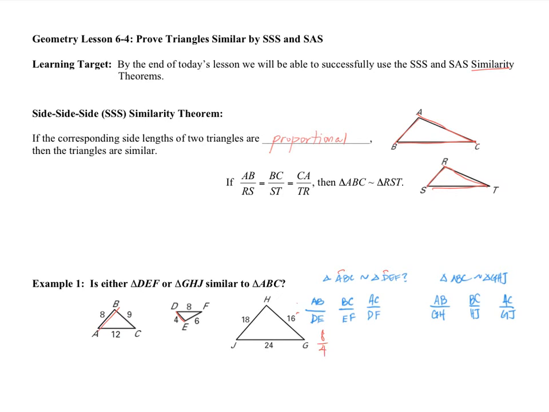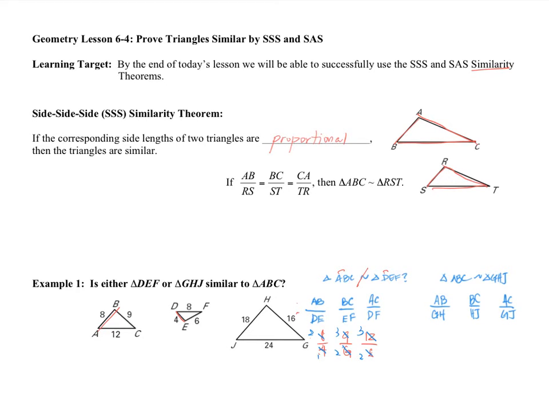So that's going to be 8/4, and then BC is 9, EF is 6, AC is 12, DF is 8. If we simplify this, you see that the ratio here, 2:1, is not equal to 3:2. So triangle ABC and DEF are not similar.